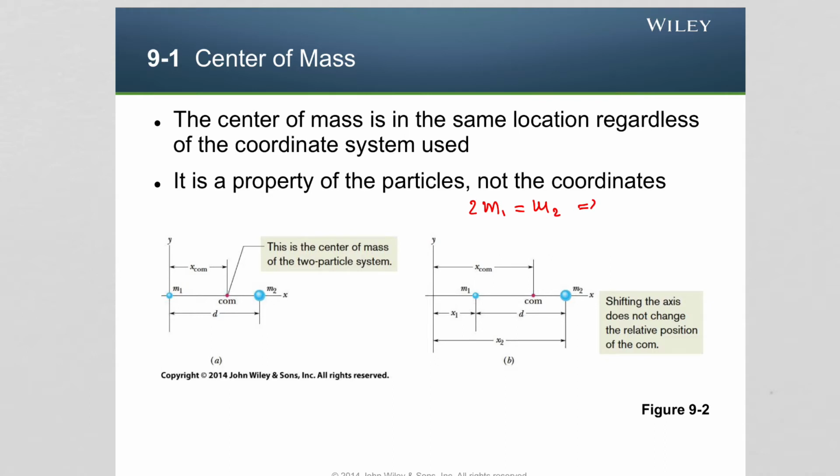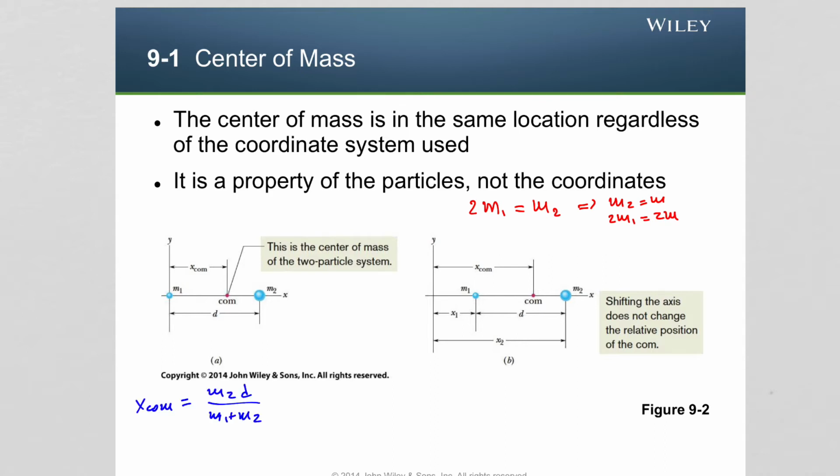So therefore m1 becomes m, and m2 becomes 2 times m. This is going to make it a little bit easier to cancel out the masses when we plug these in the expressions for the position of the center of mass.